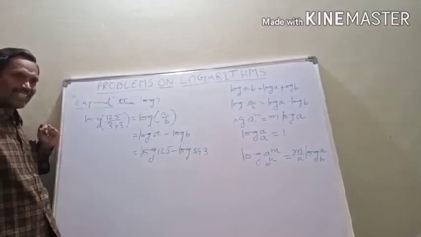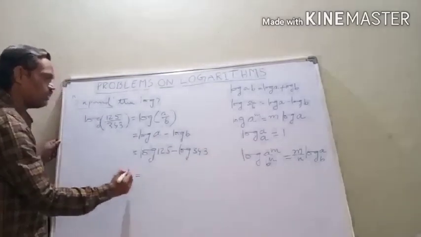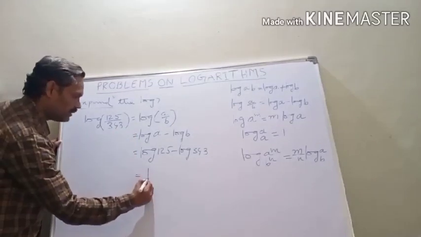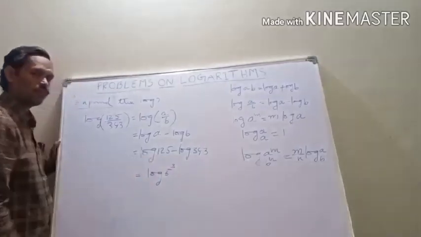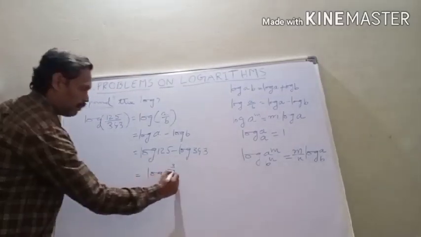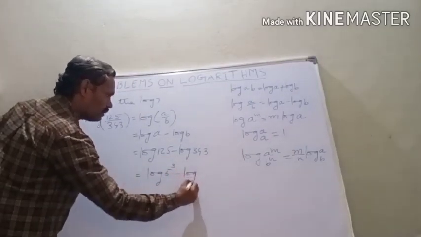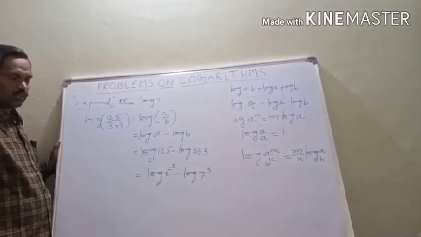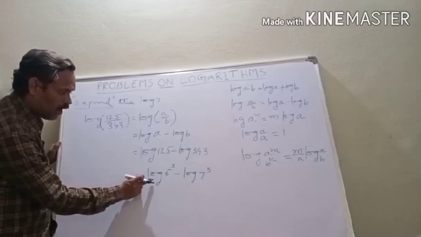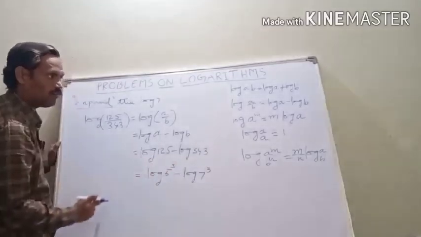If you are interested, we can change it some more like this. Log 125 can be written as 5 cubed, minus log 343 can be written as 7 cubed. You see here, log is applied to an exponent form.